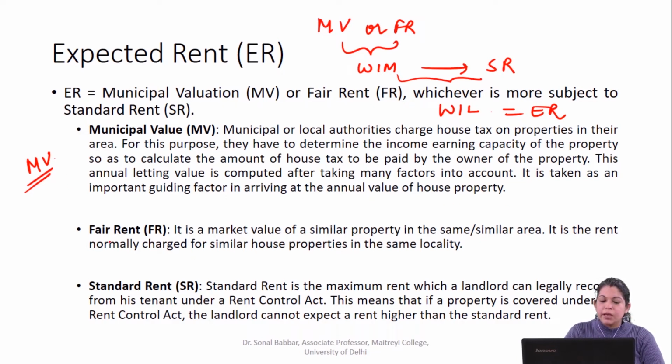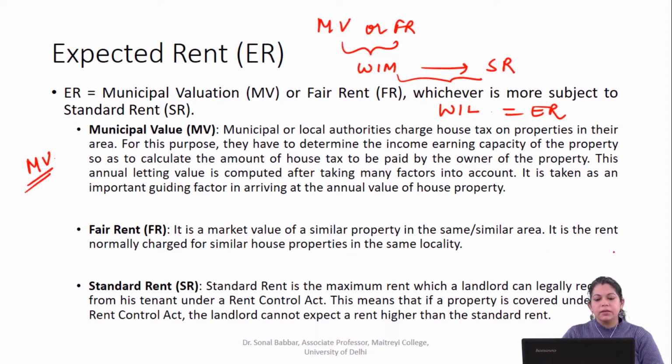Second is fair rent. It is the market value of a similar property in the same or similar area. It is the rent normally charged for similar house properties in the same locality. For example, I own a house in Lajpat Nagar and I want to know the fair rent of a property similar to mine.